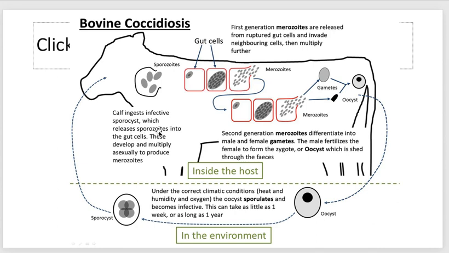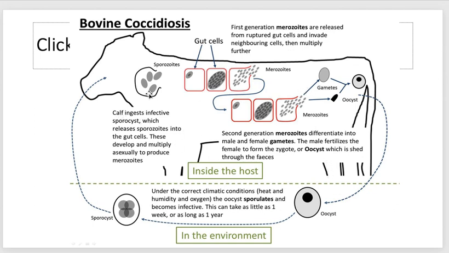This sporocyst will release the sporozoite. So in the sporocyst there is a sporozoite. After ingestion, the sporocyst will release the sporozoite into the cells of the GIT, and in the cells of the gut there is formation of merozoites, and then the life cycle goes on.